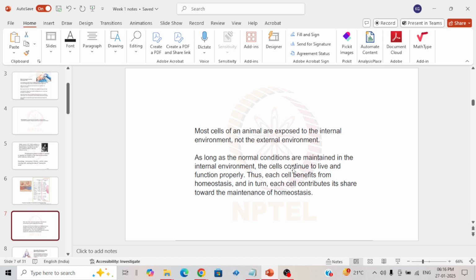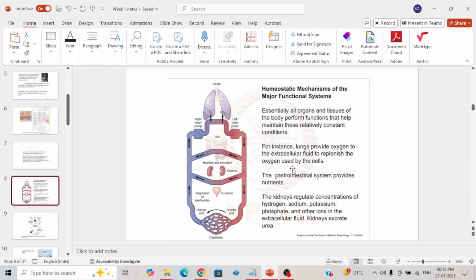Okay, so yes, homeostasis is a very important term and a very important phenomenon inside a body. The major functional systems work together to maintain this homeostasis. For example, if we are talking about oxygen, there should be a level maintained of this oxygen inside the blood vessels.